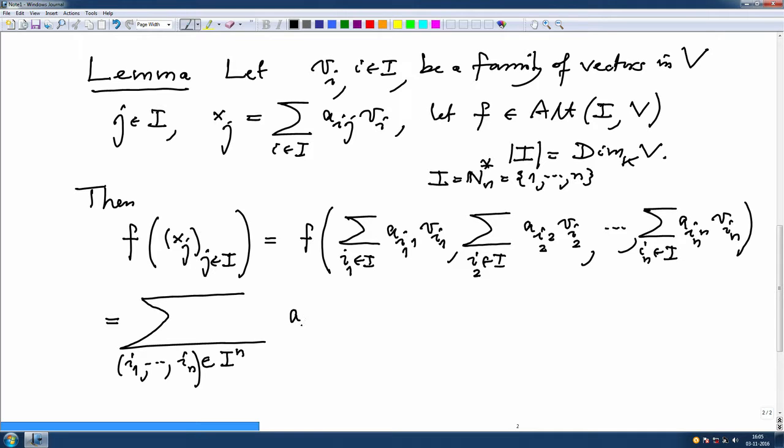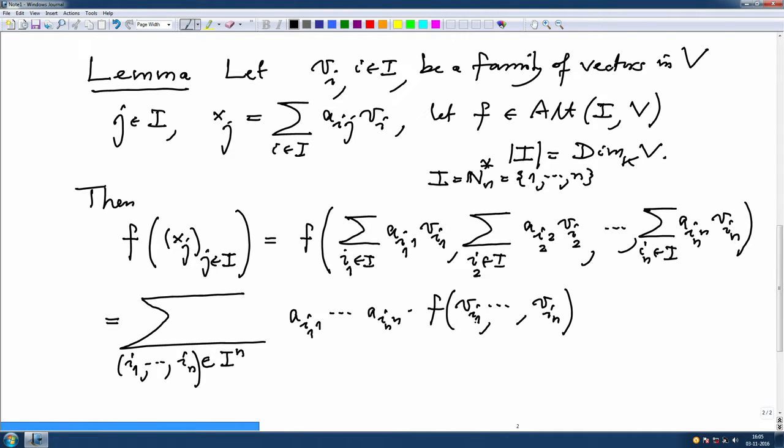a i1 1 ... a in n and f of V i1 ... V in. This is very, very simple so far. This we have seen so far. But now, who will survive?